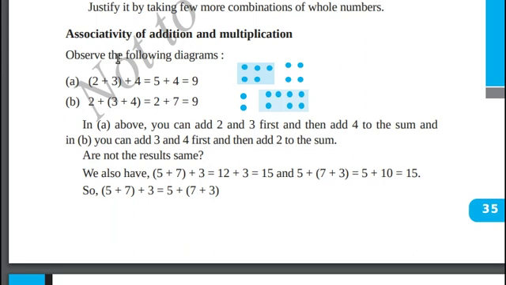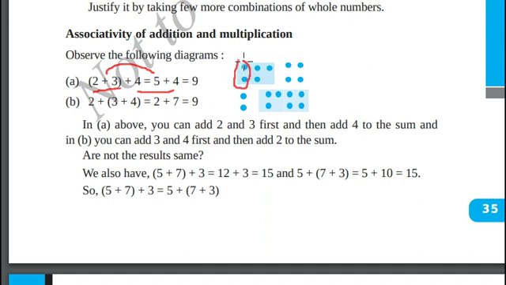Now let us see associativity of addition and multiplication. Associate means connect something to some other thing. In the first example, we are associating 2 and 3. 2 plus 3 plus 4 is equal to 2 plus 3, which is 5, plus 4, which is equal to 9.